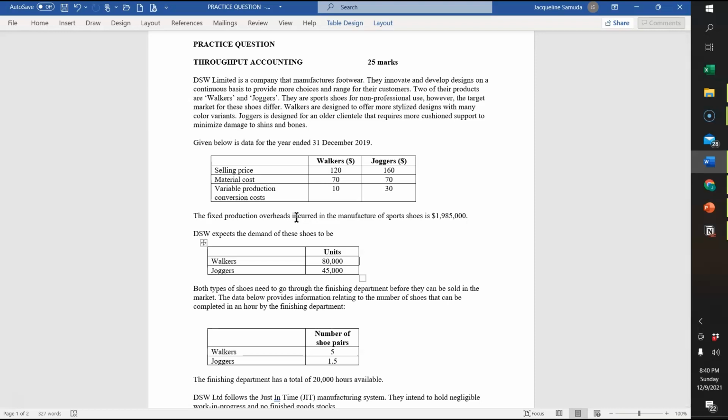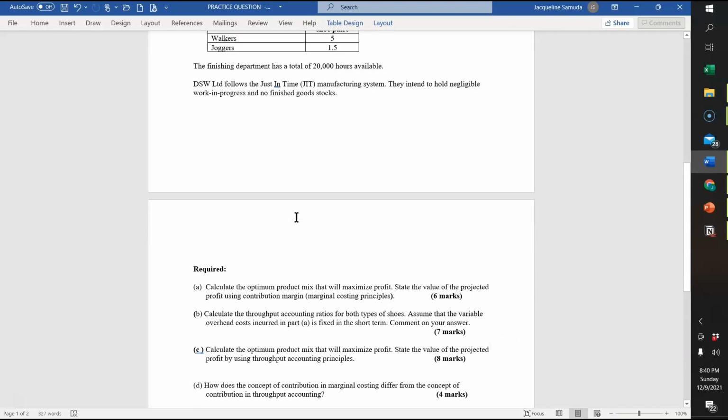Then when we go to the next slide, that slide lets you know that in this topic, marginal costing as an alternative technique is usually introduced as a comparison, which is what we're seeing in part A of the question, where we're to value the profit using marginal costing principles.